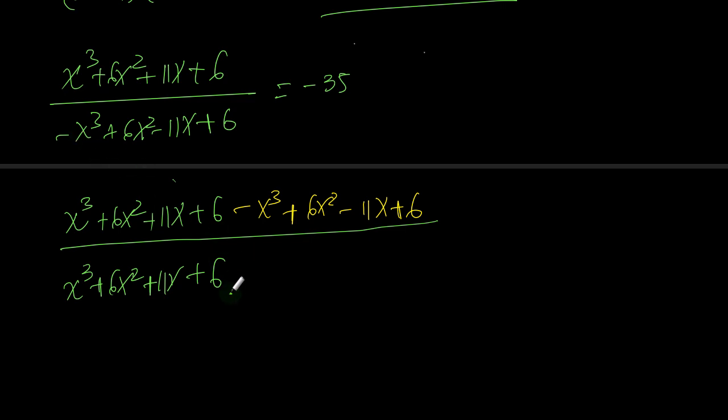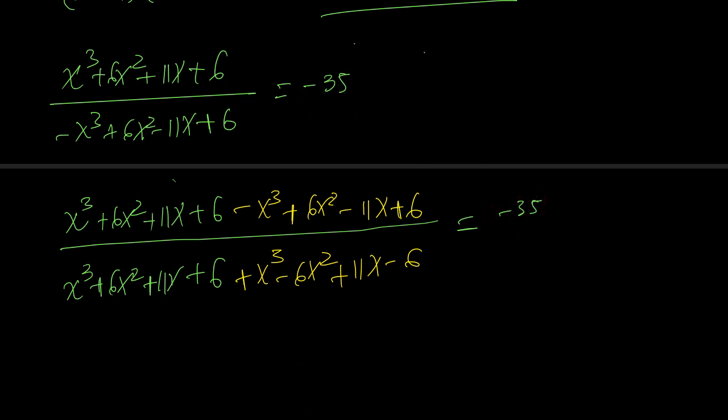If we say minus this one here, it means this one will be positive, plus x to the 3, this one will be negative, minus x squared, this one will be positive, plus 11x, and then this one will be negative, minus 6. And then getting back to our color, here we're going to have minus 35.